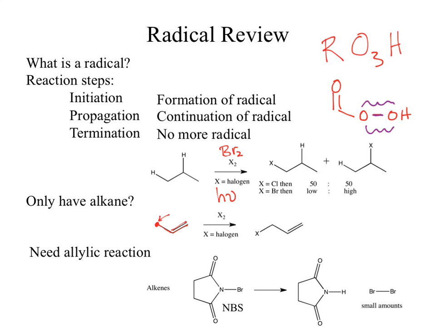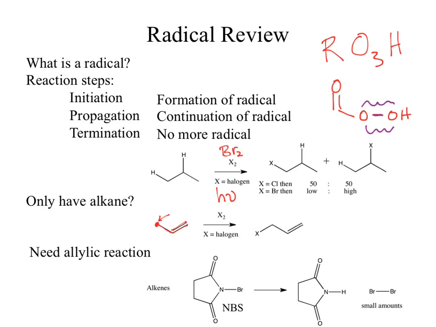The other common thing to occur, or the common radical reagent to see, would be the species known as NBS, or N-bromosuccinimide. It is typically used in allylic reactions because if you have a lot of bromine present, particularly around a double bond, what's going to happen? You'll see an addition reaction.